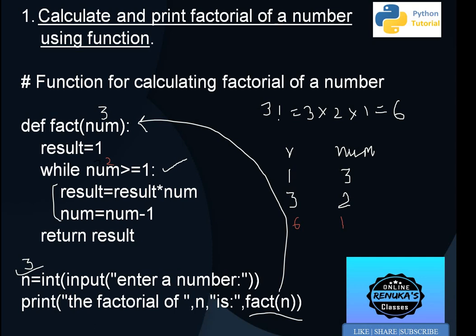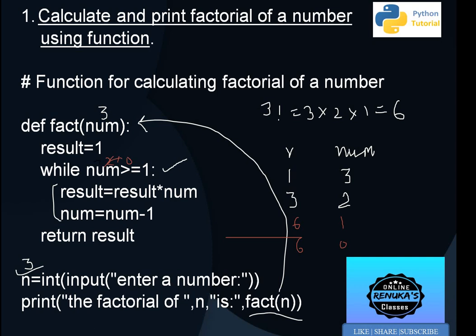Again go up, 1 is greater equal to 1, the condition is true. Again it will come here, 6 into 1 will become 6 and num minus 1 will become 0. Now it will go up, num is having 0 value, 0 is greater equal to 1, that is false.